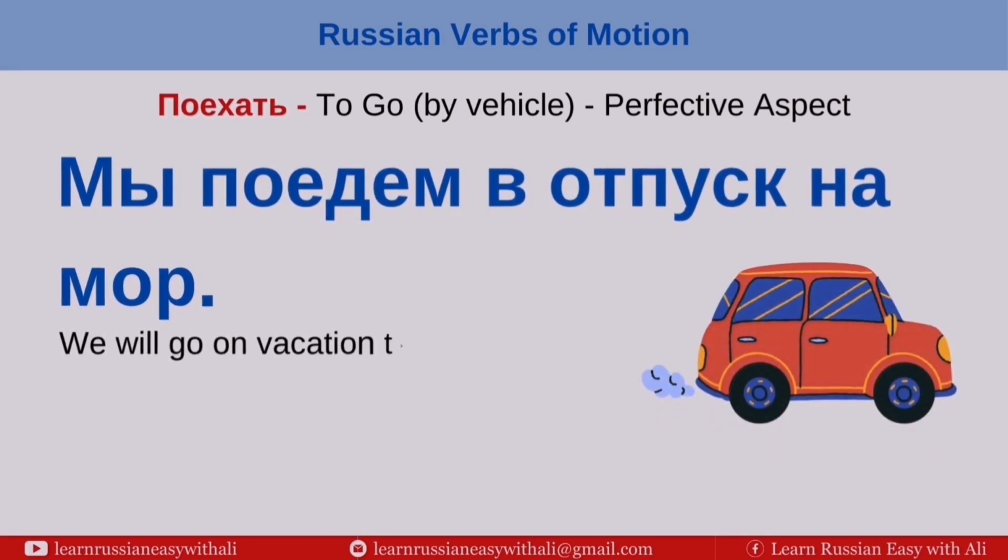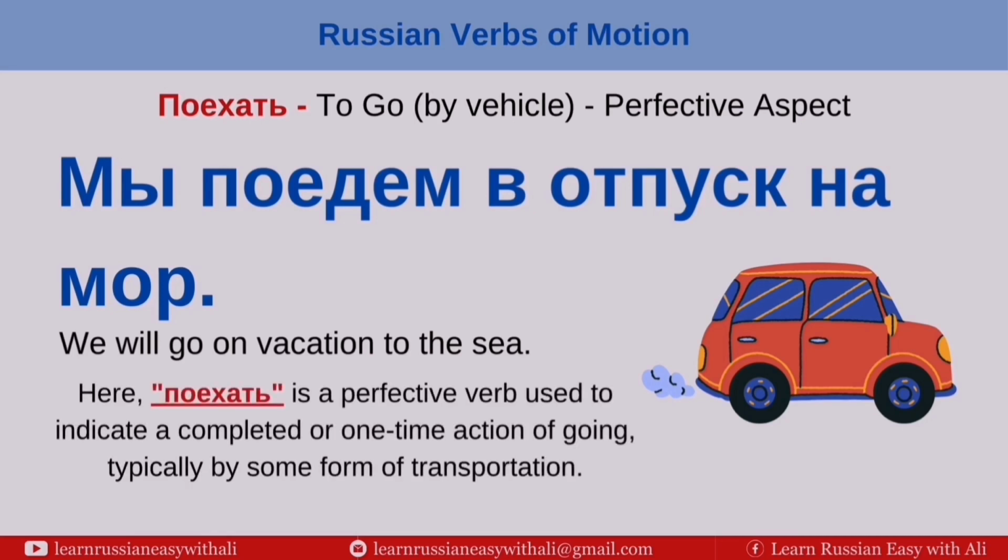Мы поедем в отпуск на море. Here Поехать is a perfective verb used to indicate a completed or one-time action of going, typically by some form of transportation.